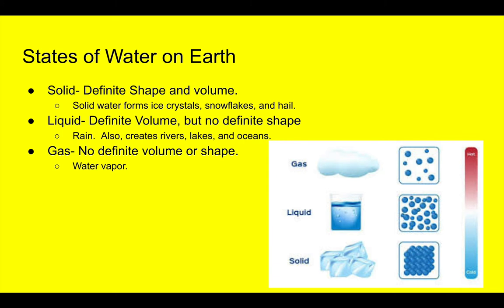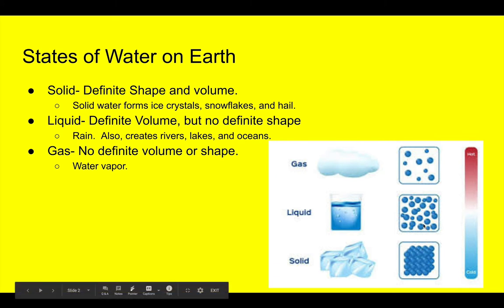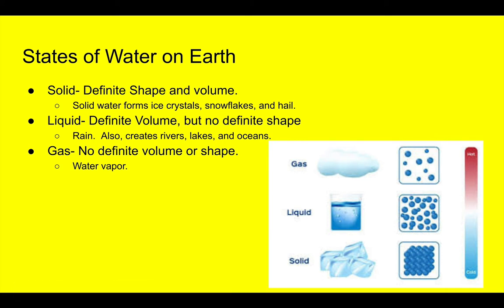The liquid, which is the one right above it, is going to have a definite volume, which means that whether you pour it into any type of container, it's still going to be the same amount of liquid, but it's not going to have a definite shape. If you try to put a solid into a different container, it may not fit because the shape of the solid isn't going to change.